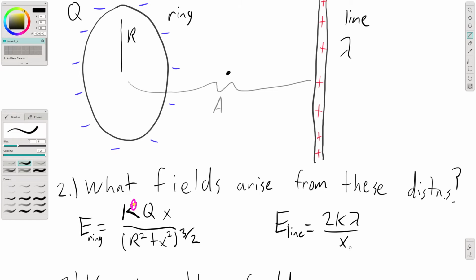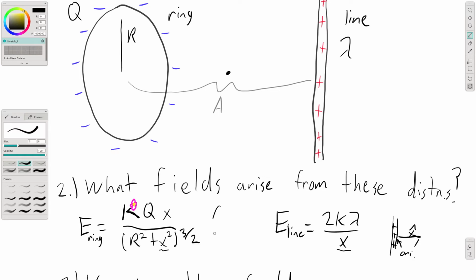we get this value. I'm going to put little squigglies next to these x values, because these x values assume that our coordinate system starts at the middle of the object. So this is assuming that with our line, x is coming out, infinite line, x is coming out this way and the origin is here.